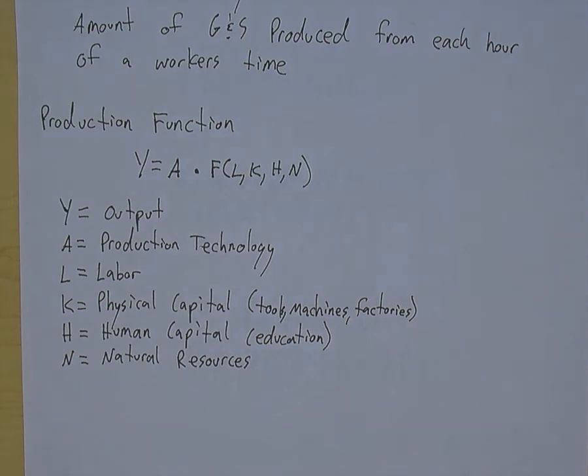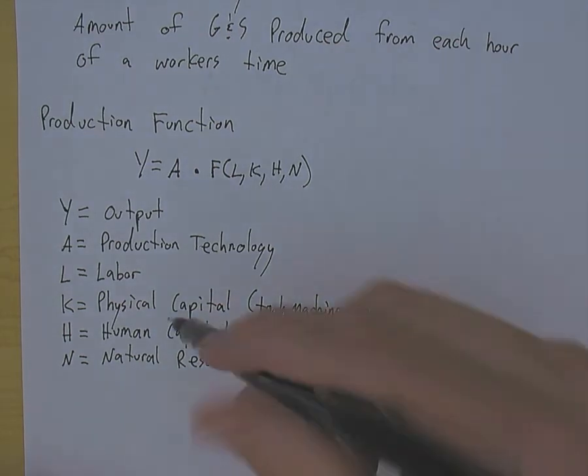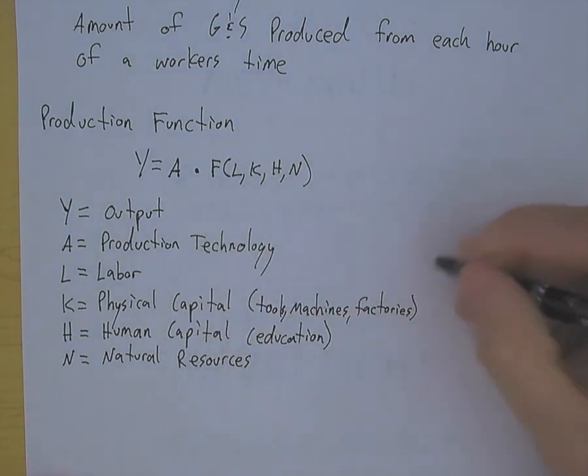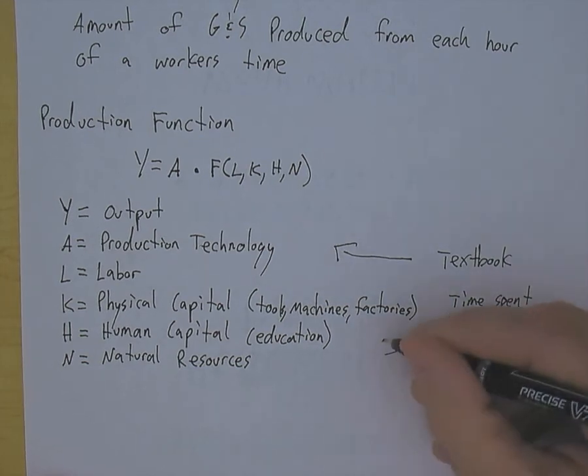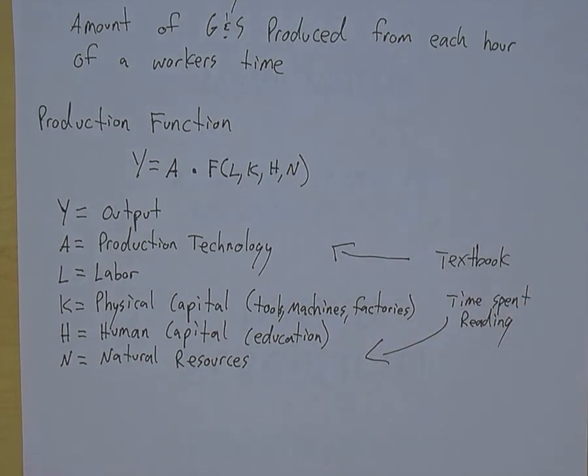Now, sometimes we get confused how this is going to be used, so Mankiw is a great example, I think, of the difference between technology and human capital. A textbook is the technology, and the time spent reading this book is the human capital.